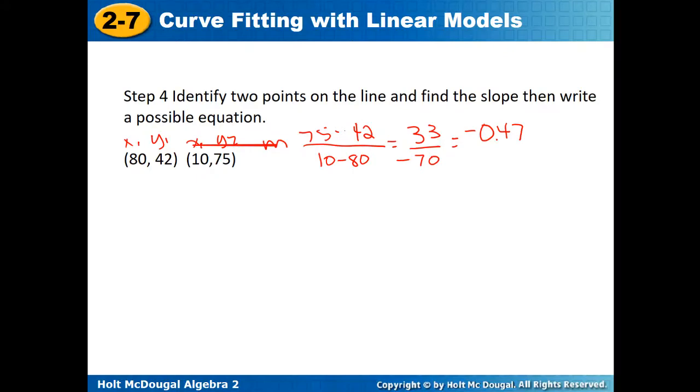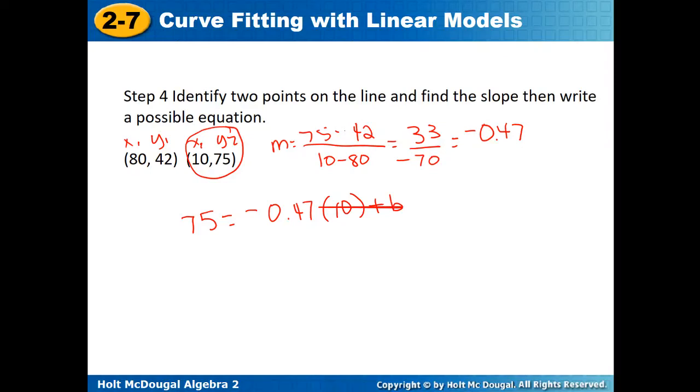All right, so we have y equals mx plus b. Now we could just say y. Let's choose this one. I like the smaller numbers. y is 75 equals m, which is negative 0.47, times our x, which is 10, plus b, which we don't know yet.